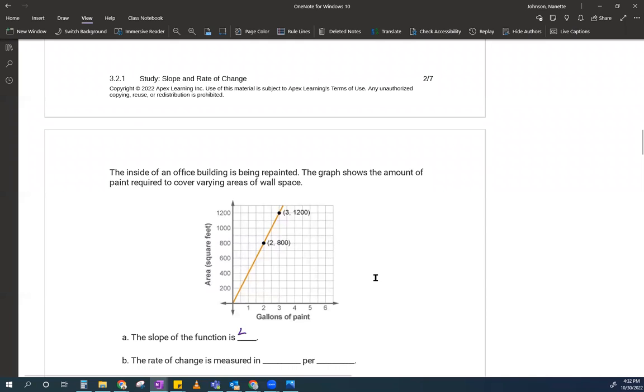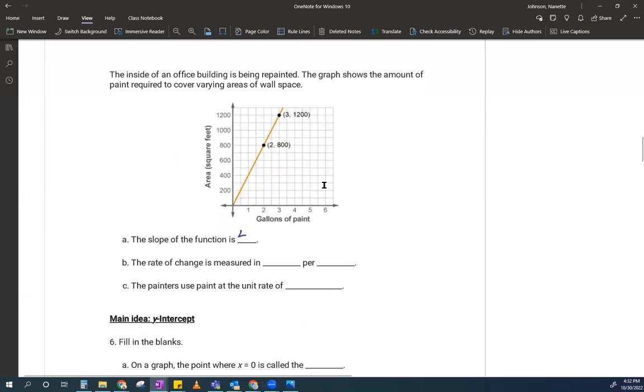Okay, so the rate of change is measured in blank per gallon. Well, the rate of change is the y number, so that's square feet, or area, over gallons of paint. So it's in square feet per gallon.